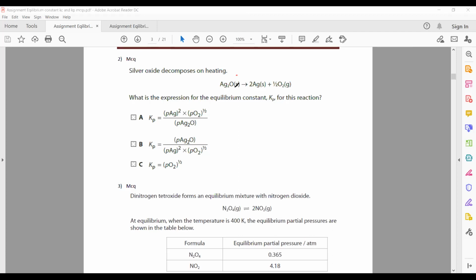Because it's a heterogeneous equilibrium, solid, solid, and gas, so you need the pressure due to oxygen only. Yeah, sorry, C, because only 3 options are given. I thought this was the last one, so that's why I was saying D, but only 3 options are copied.